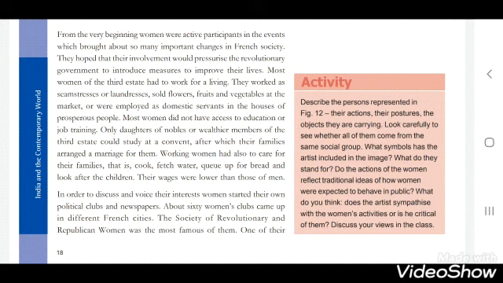Most of the women were from the third estate. Apart from their household activities, they used to work outside their house for a living. They worked as seamstresses or laundresses, and even sold flour, fruits and vegetables at the market.